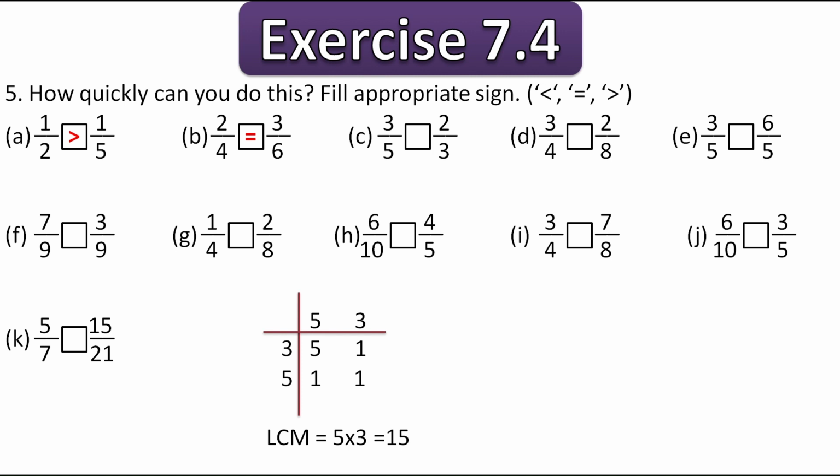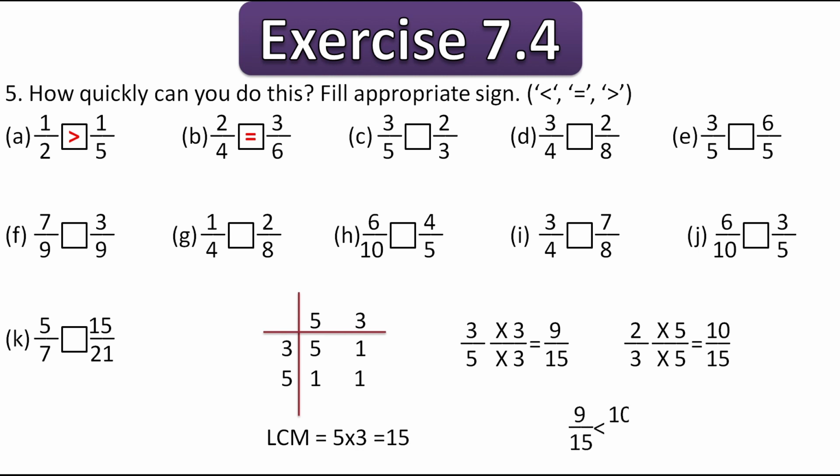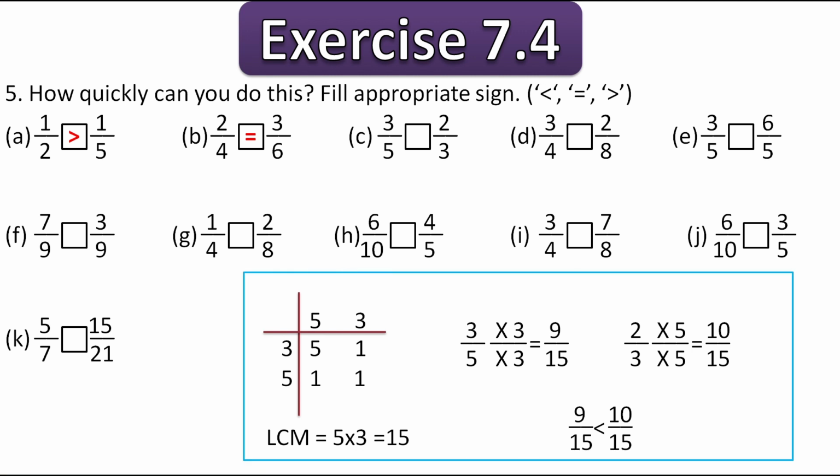Now we take the first fraction and multiply by 3 so that we get the denominator as 15. Now take the next fraction, that is 2 upon 3, and multiply by 5 so that we get the denominator as 15. Okay. So when we compare 9 upon 15 and 10 upon 15, we see that 9 upon 15 is less than 10 upon 15. Therefore 3 upon 5 is less than 2 upon 3.